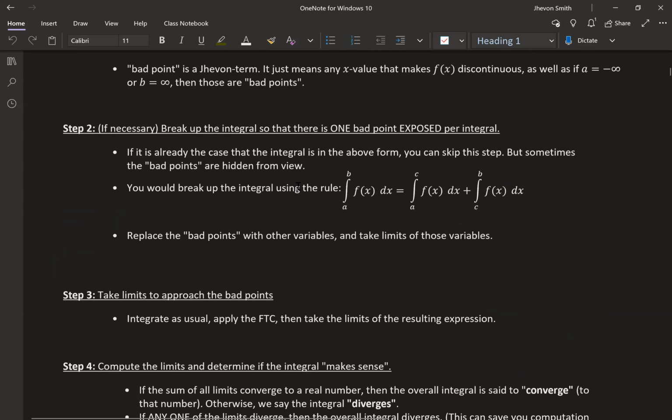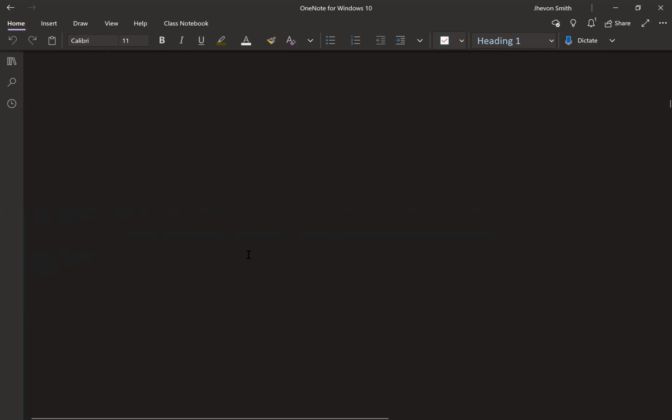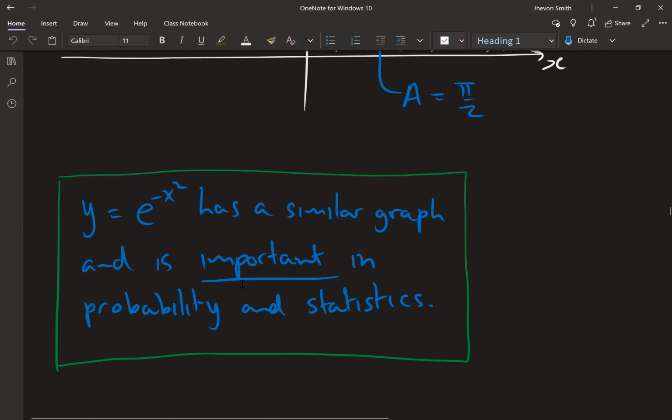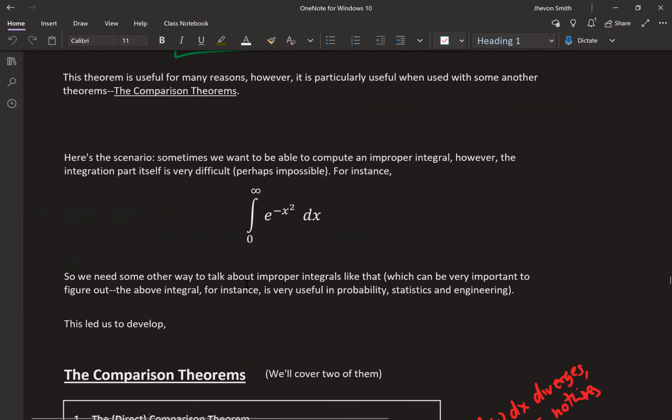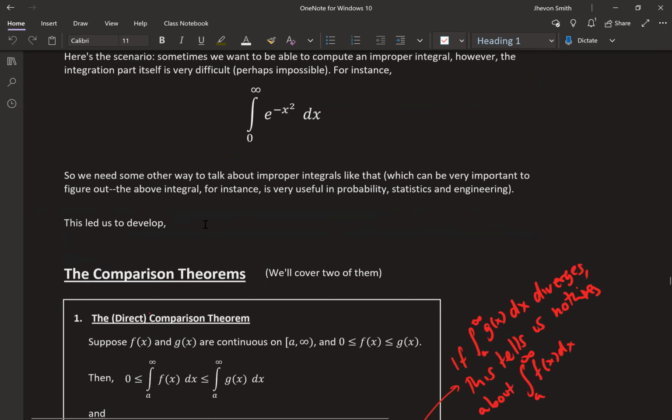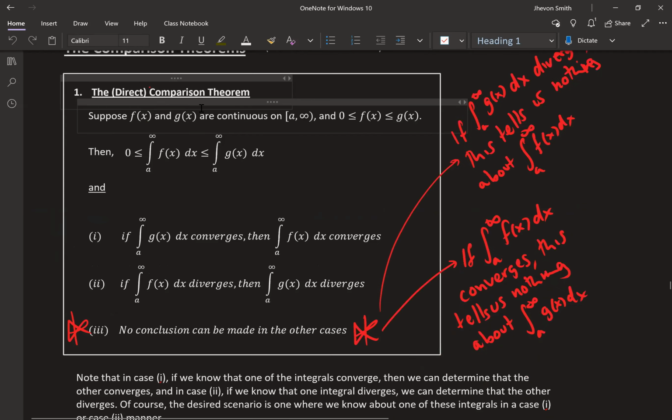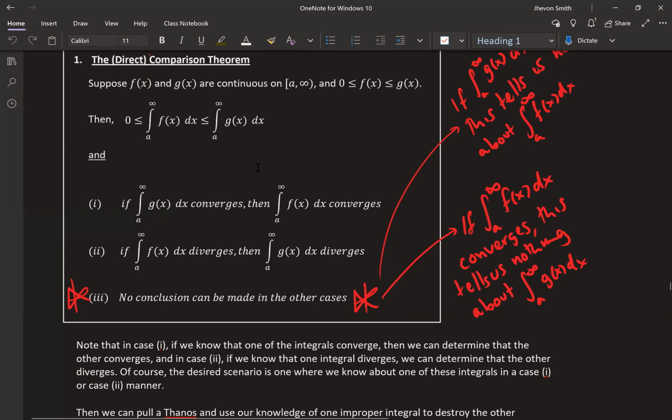We figured out that we could compute those using limits. We also saw that there were some situations where even this method couldn't help us figure things out. So this theorem came in handy when coupled with the comparison theorems. This allows us to talk about whether or not an improper integral converges by comparing it to some other integral that we know for sure converges.